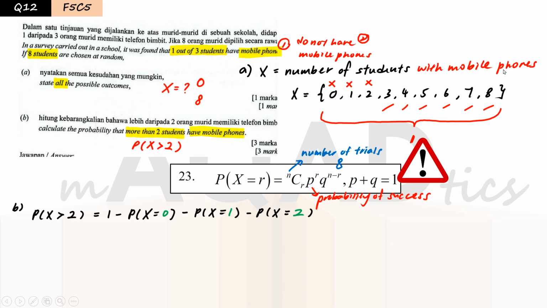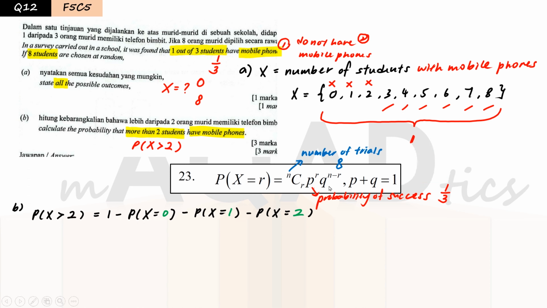Because now our perspective is students with mobile phones, so we need to find out the probability that the student has a mobile phone, which is given here. 1 out of 3 students have mobile phones. So this means the probability is 1 over 3. Okay, our p is 1 over 3.